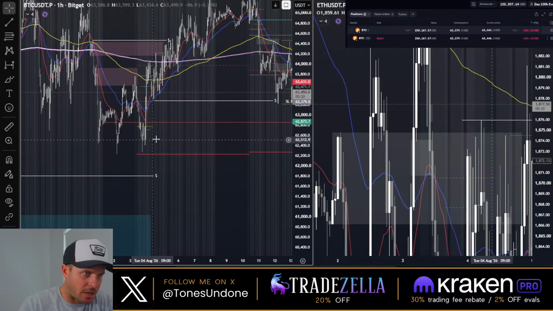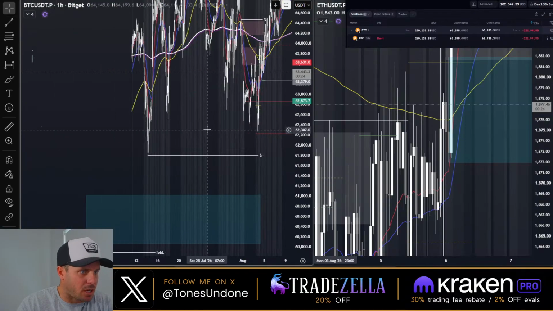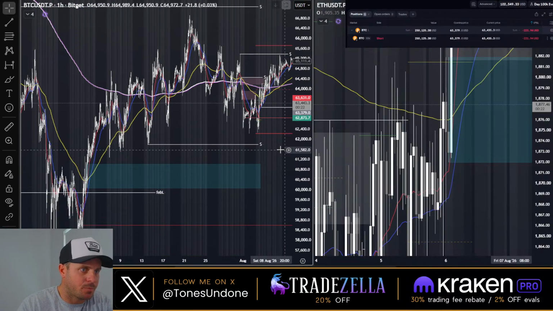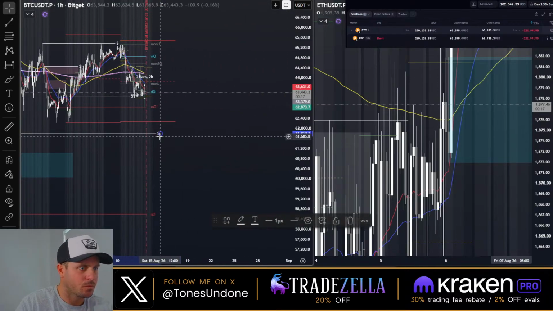Honestly, looking at the higher time frame, all these lows here, it's just such a good target for liquidity. But yeah, so that low of the week.